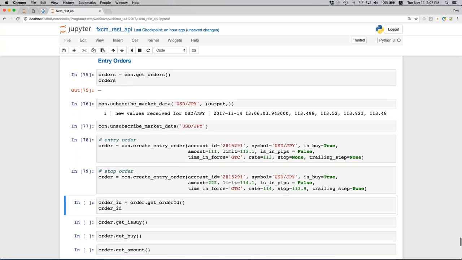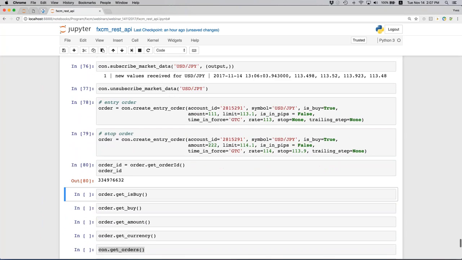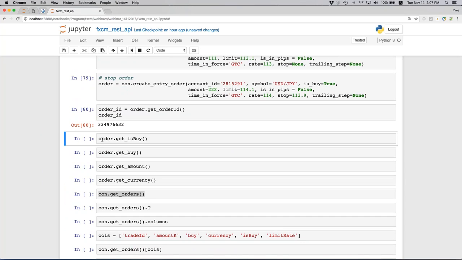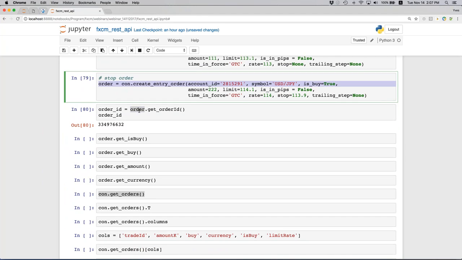And now, looking up the order IDs, with my order here, the one that I just placed, I can look up certain things.